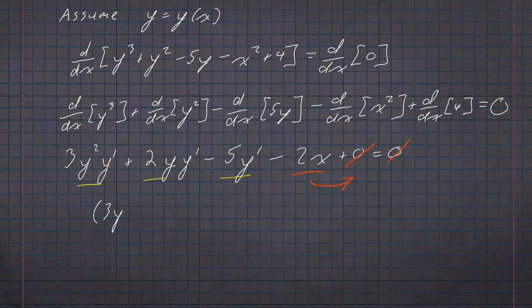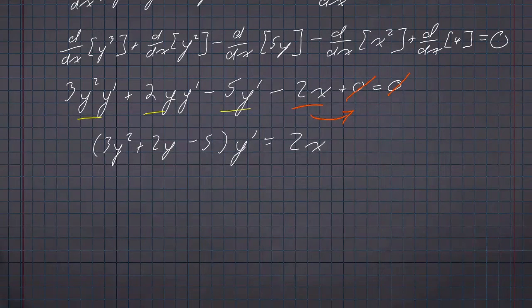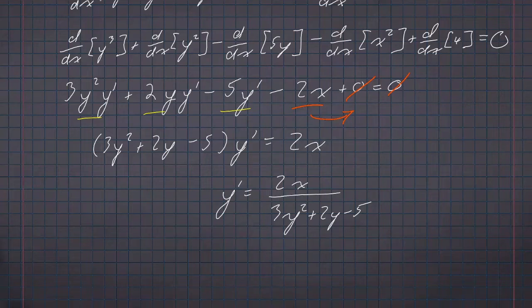So we have 3y squared, we have 2y, and we have minus 5, all being multiplied by y prime, and then that's equal to 2x. And to get y prime by itself, we divide by that nasty mess, and we get that y prime is 2x over 3y squared plus 2y minus 5.